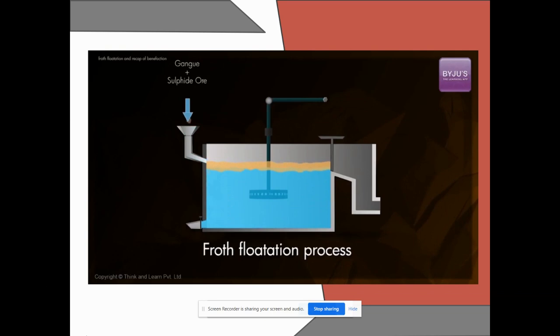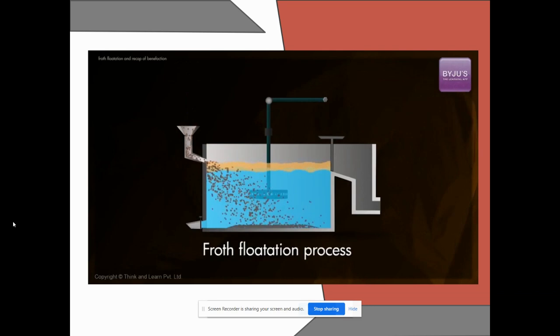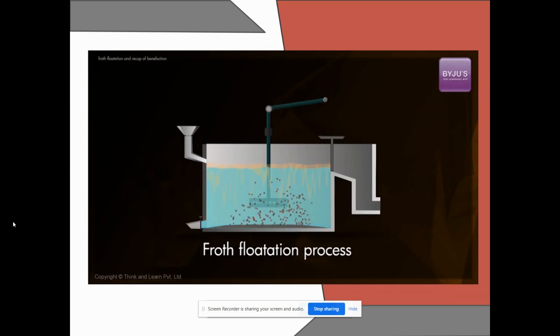Looking into the mechanism of froth flotation by example, we suspend the ore in solvent and collectors. Fine oils and fatty acids prevent the sulfide particles from getting wetted by water.